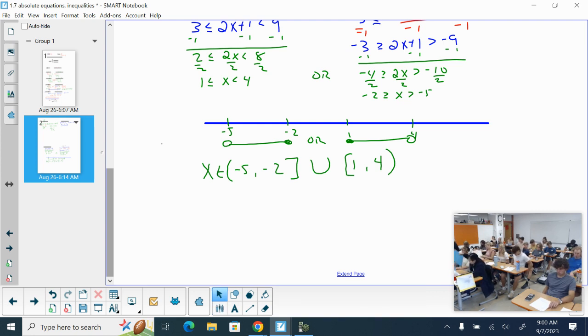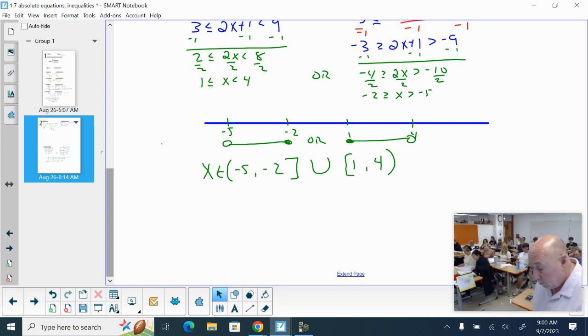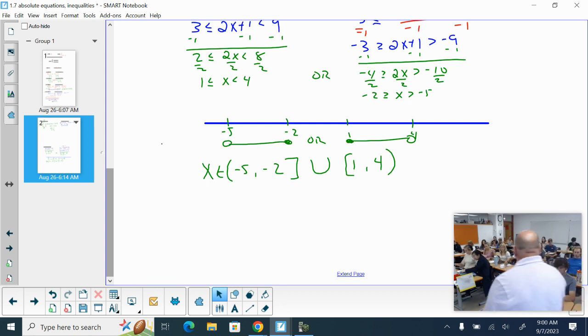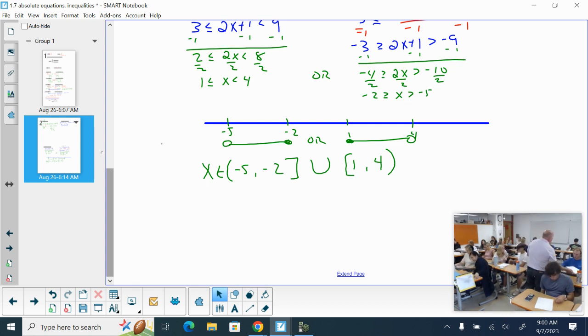Questions about absolute values? Once again, this is the last topic that we have with chapter 1. We will start going into reviewing of the topics in chapter 1 here.